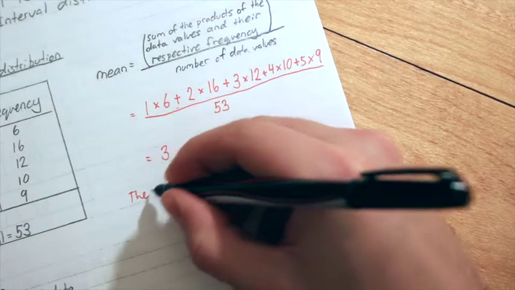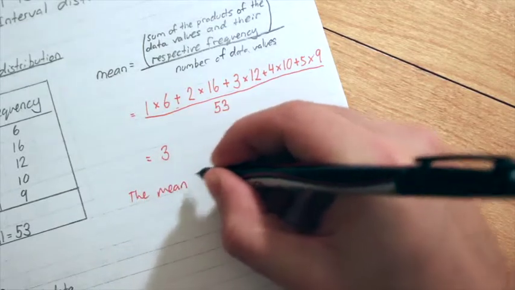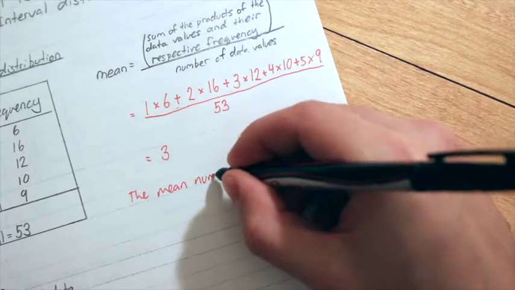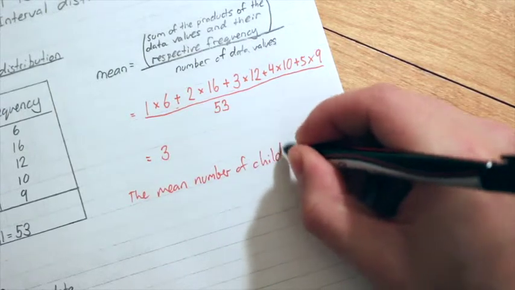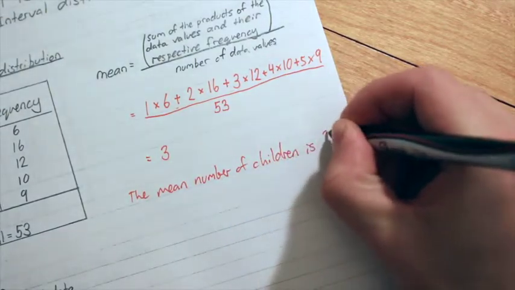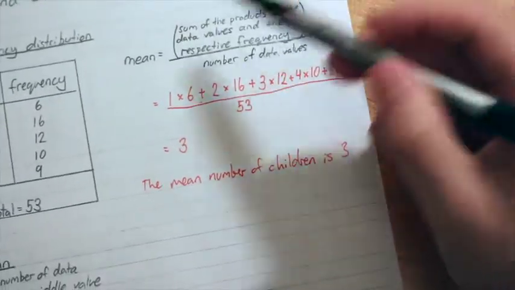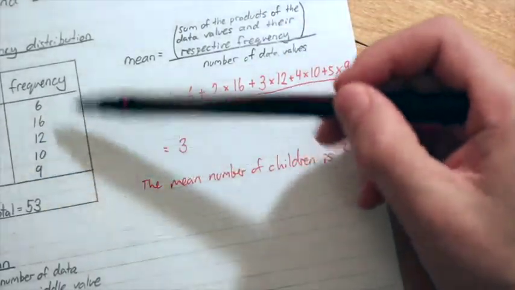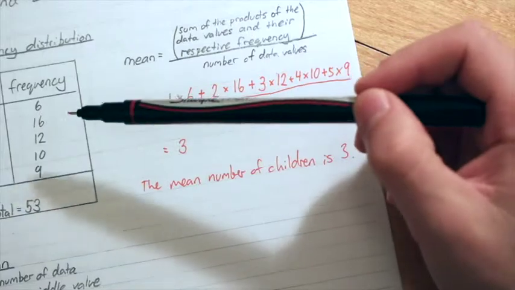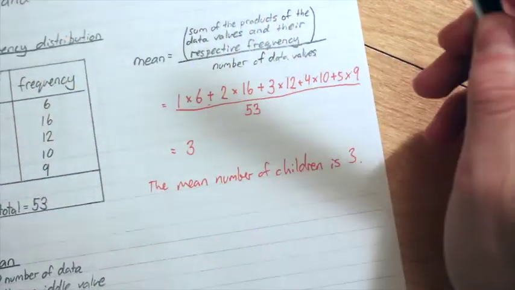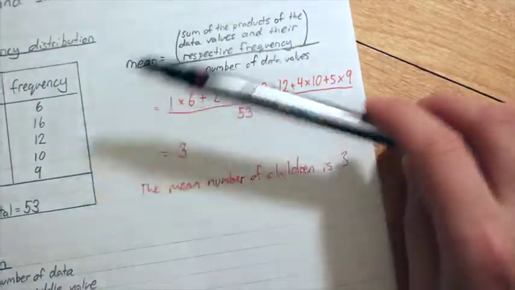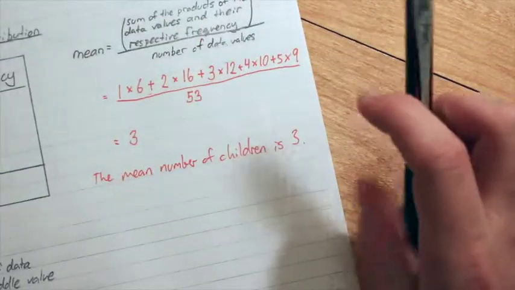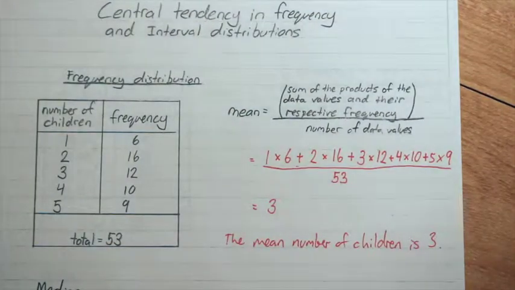So the mean number of children is 3. Even though it's represented differently than just a long list of values, it's more organized, and we can still find the mean basically the same way. We have a shortcut to make it a bit quicker.